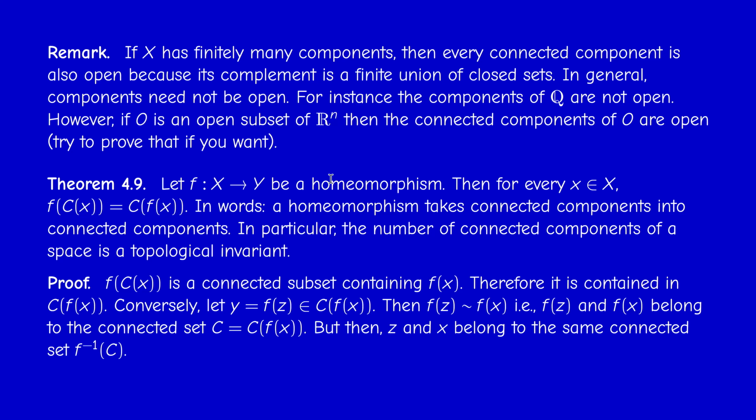Okay, so f(x) and f(z) belong to the same connected set C, and this means that z and x belong to f^-1(C). But f^-1(C) is the direct image under f^-1 of a connected set, so it's connected. So x and z belong to the same connected set, and therefore they are related. So z is in the class of x, C(x).